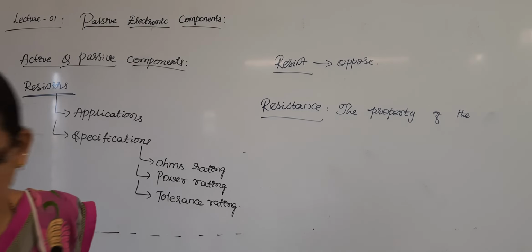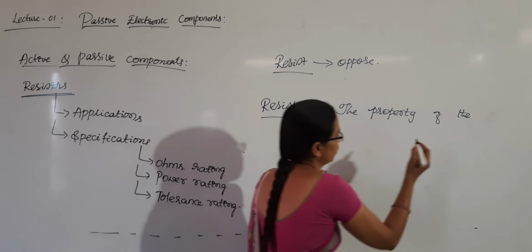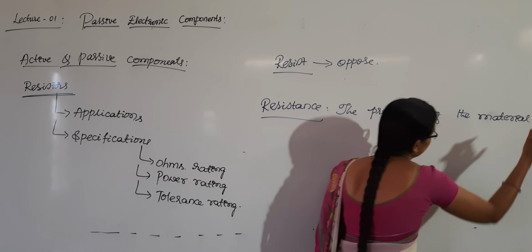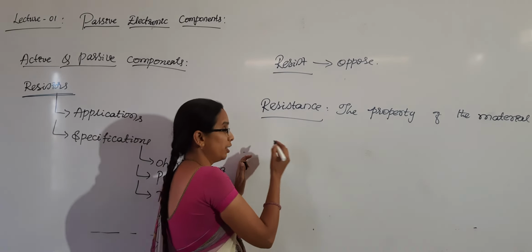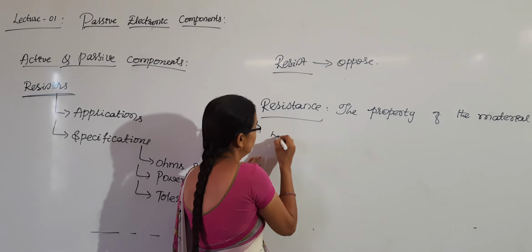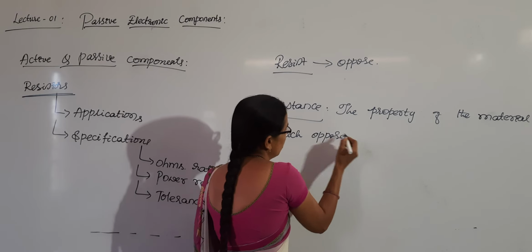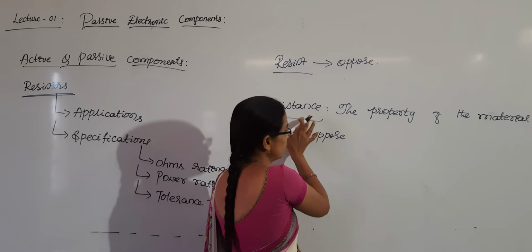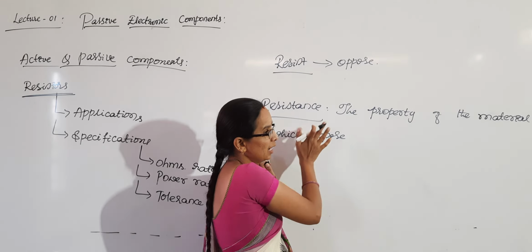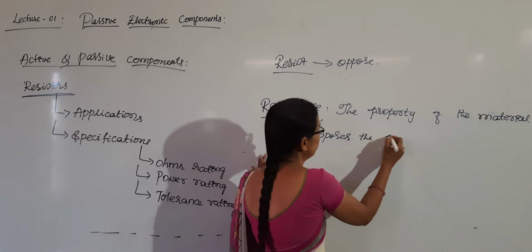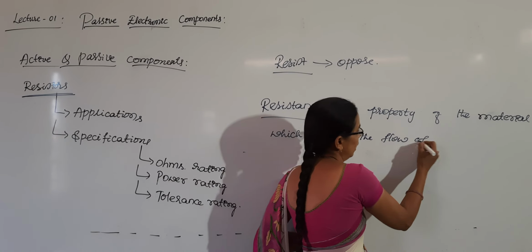The property of the material to oppose the flow of current. Any material, conductor, insulator, anything, the opposing property is called resistance. The opposing element is called a resistor, which opposes the flow of electric current.